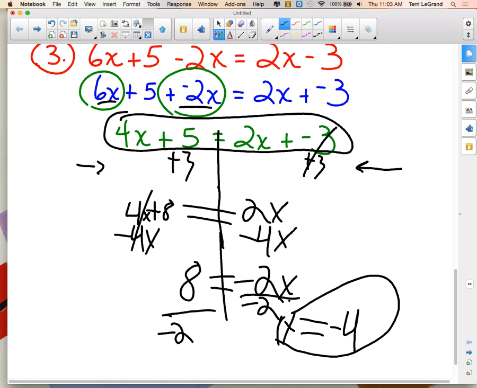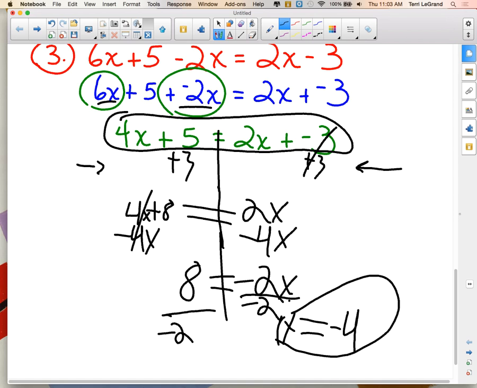These guys cancel. What's our next move in this one? Undo adding 5, we subtract 5. -3 subtract 5. That's -8. It's the same as adding a -5, so these guys are gone, it gets 2x equals -8.